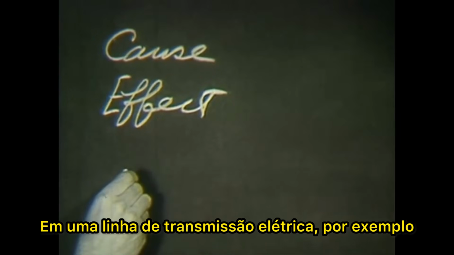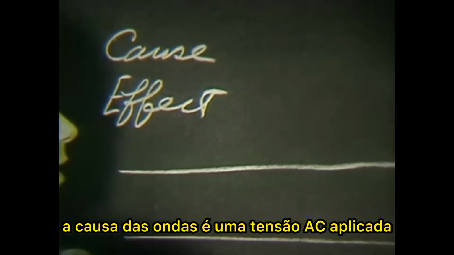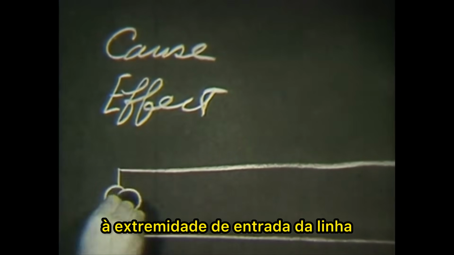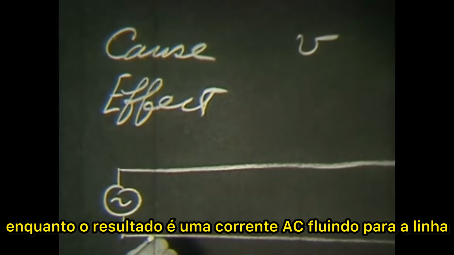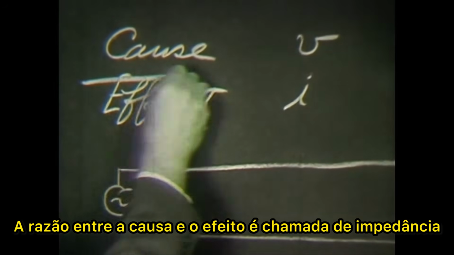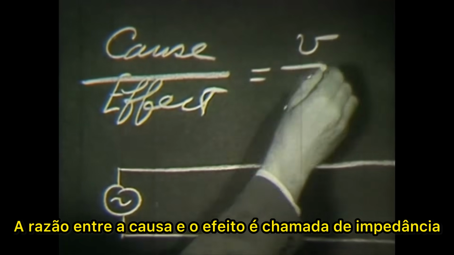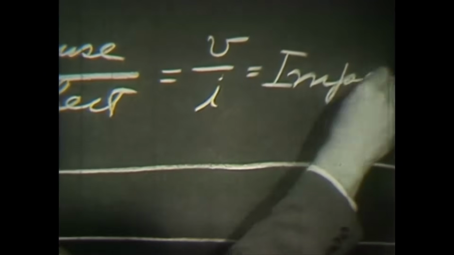In an electrical transmission line, for example, the cause of the waves is an AC voltage applied to the input end of the line, while the result is an AC current flowing into the line. The ratio of the cause to the effect is called the impedance.